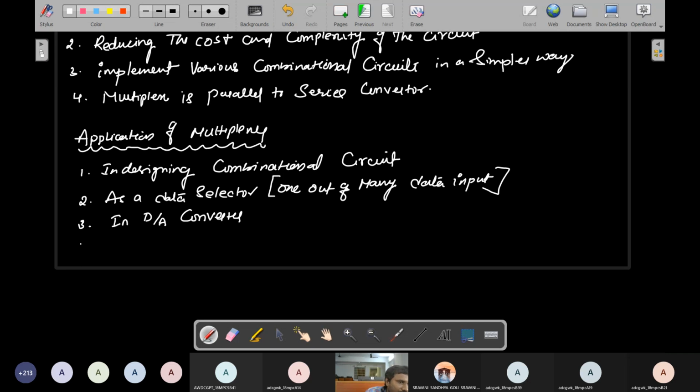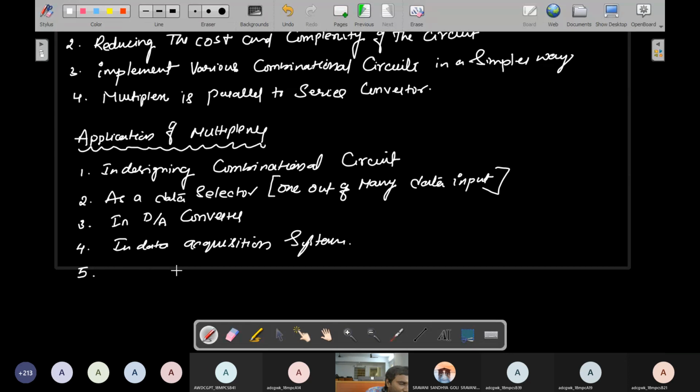And the fourth point is in data acquisition systems. In data acquisition systems also multiplexers are used. And the fifth point is in a communication purpose.